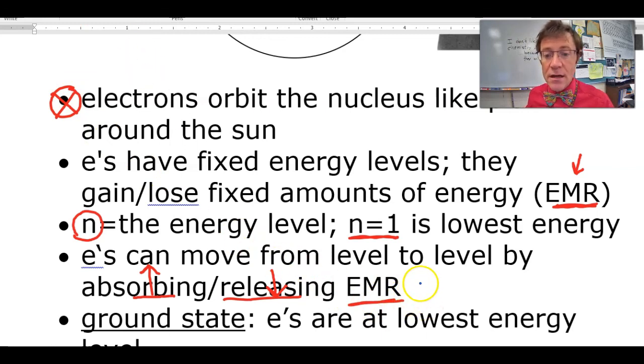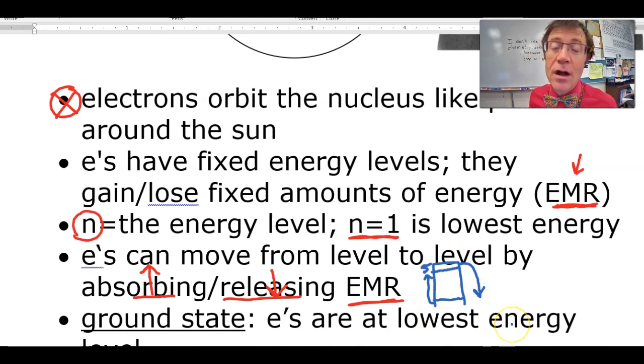Just like if you went from the 1st floor up to the 5th floor, it takes energy to do that, right? You have to put energy in. Now, if you were to just jump out the window from the 5th floor, energy will come out of your body. I hope you brought a parachute or something, because that would be bad.